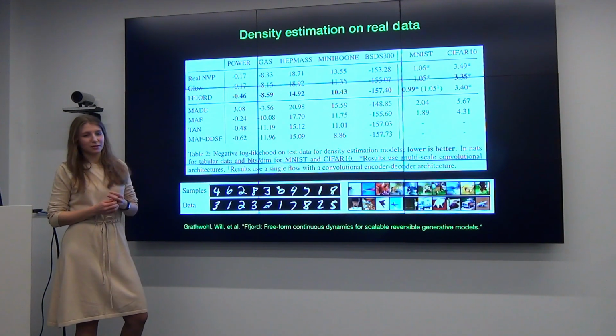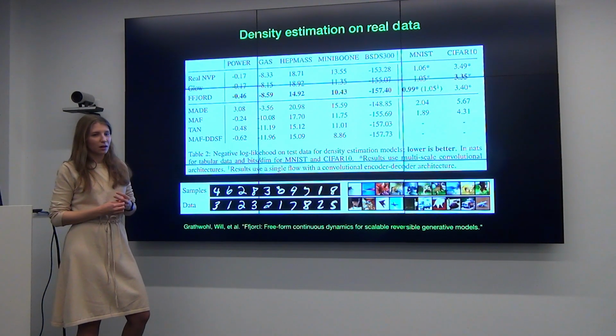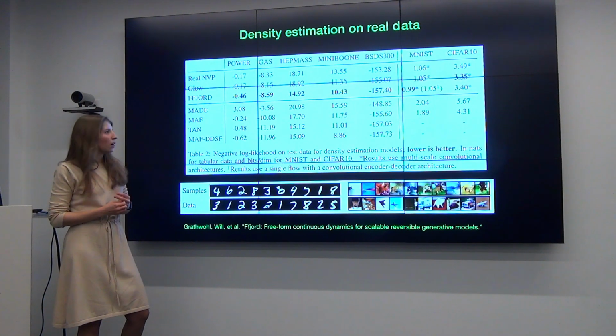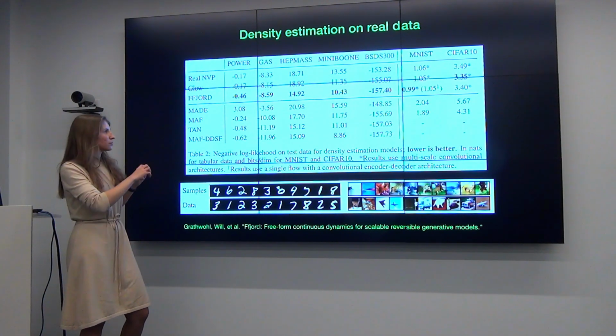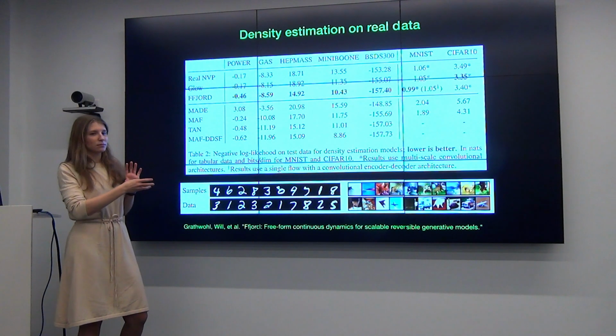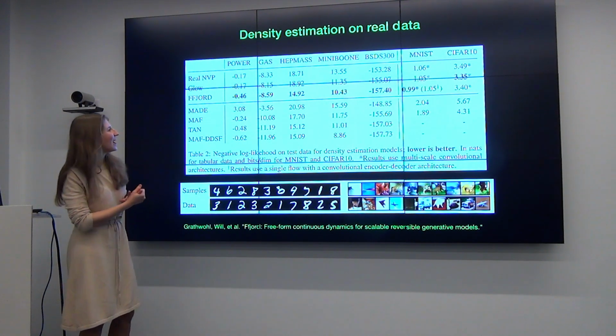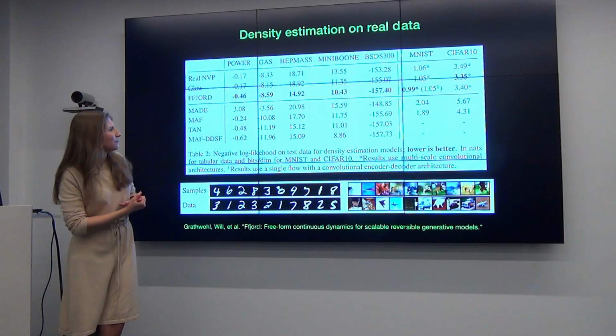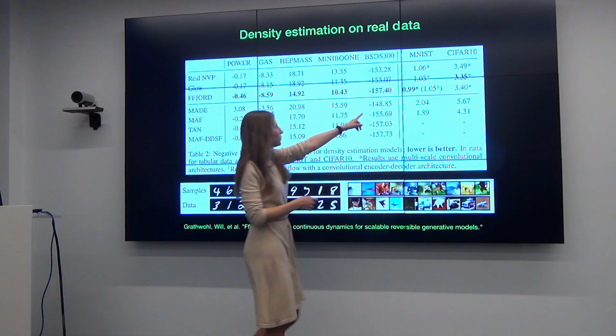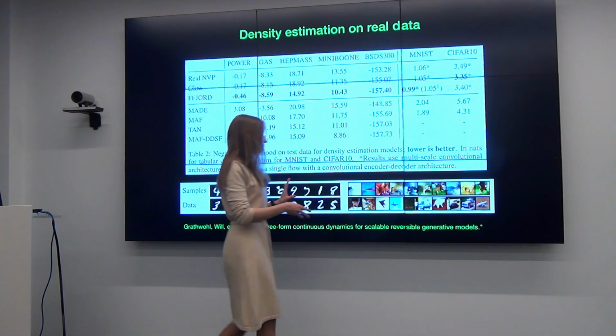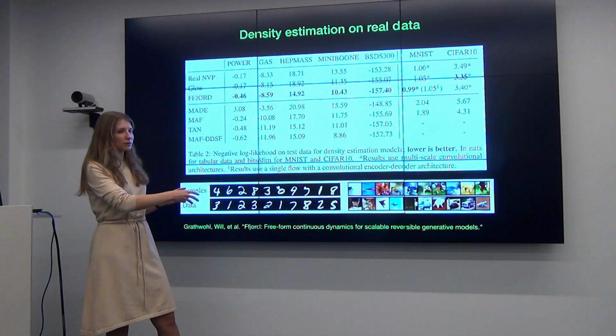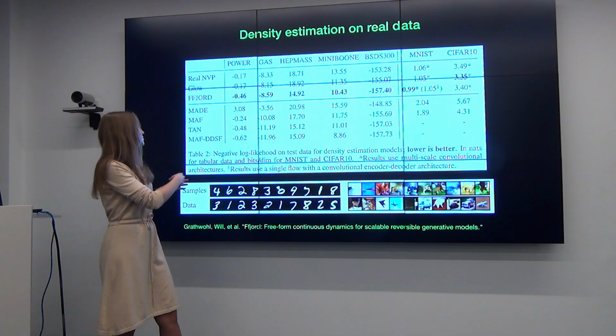And what about the function f? What do they use in FFJORD for the function f? Some neural net. Convolutional or what? Here for MNIST and CIFAR, the first blocks were convolutional, and they weren't in the FFJORD.